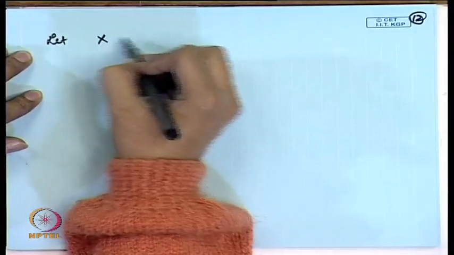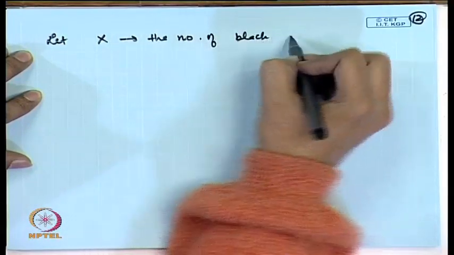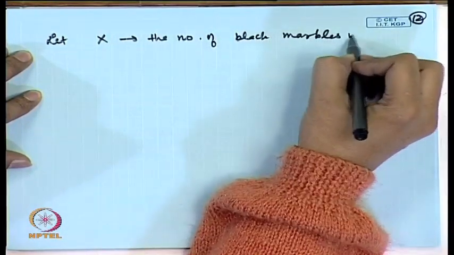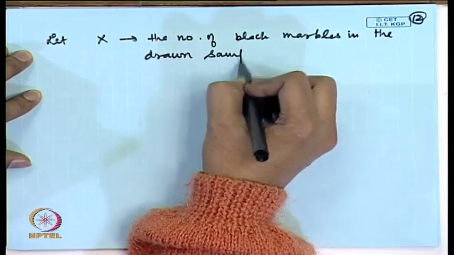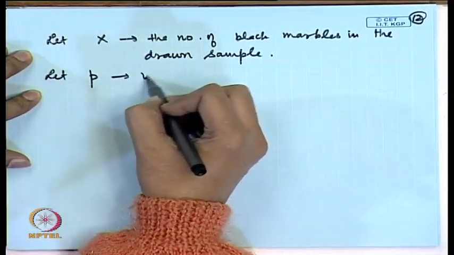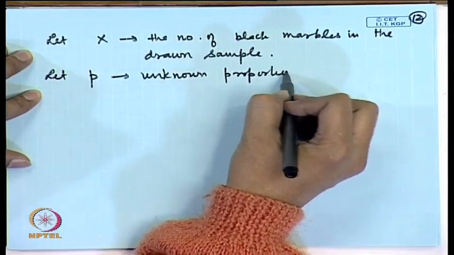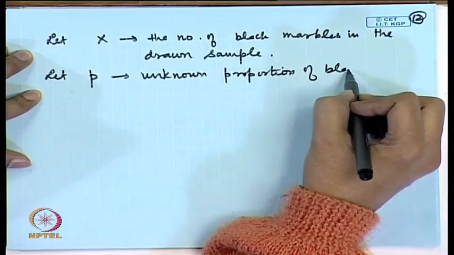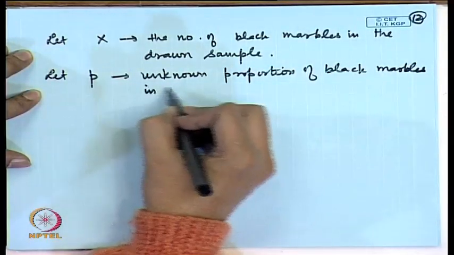So, let us denote, let x denote the number of black marbles in the drawn sample. Let us consider, say, p as the unknown proportion of black marbles in the box.